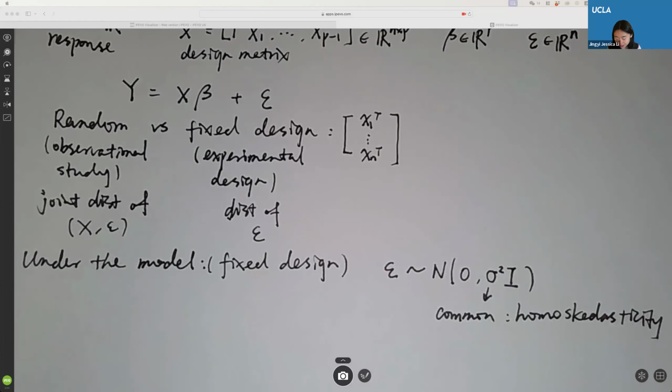So how can we compute the variance-covariance matrix?